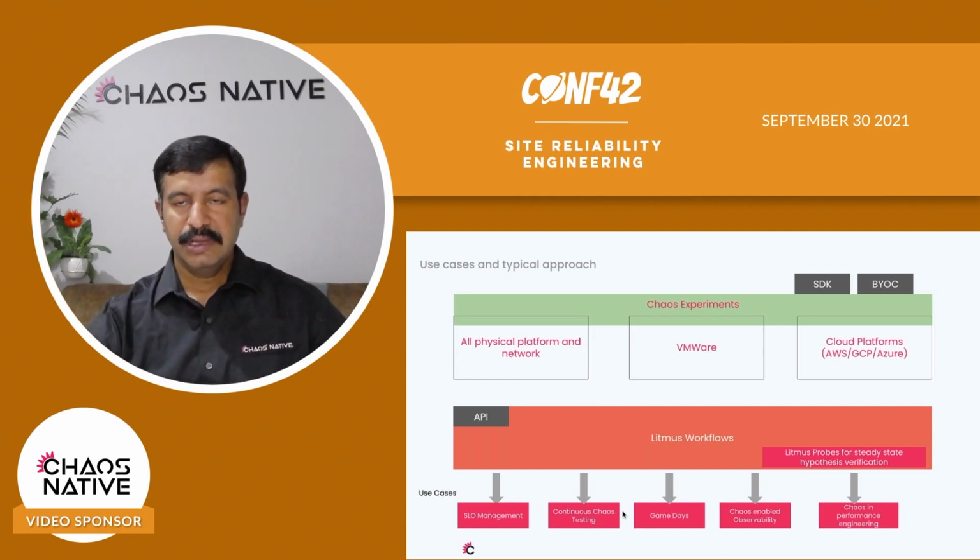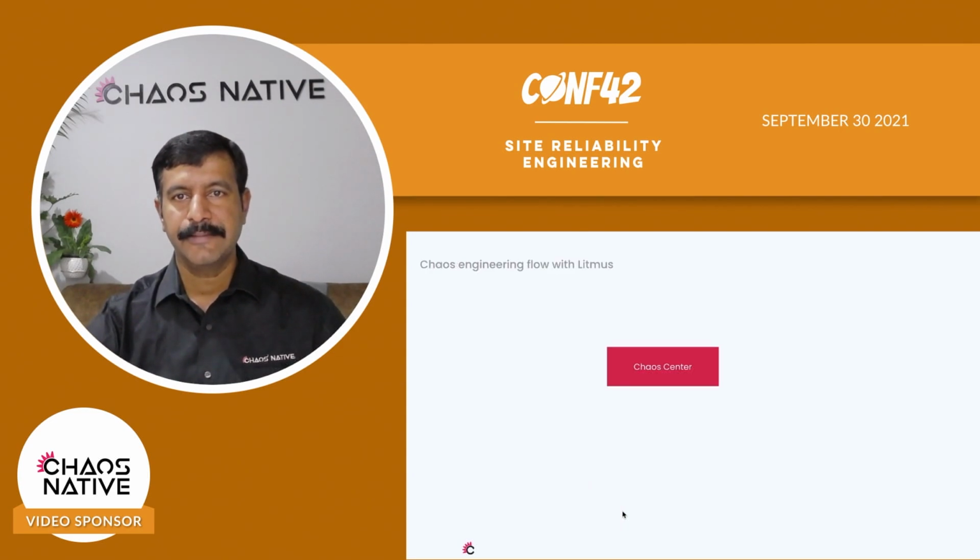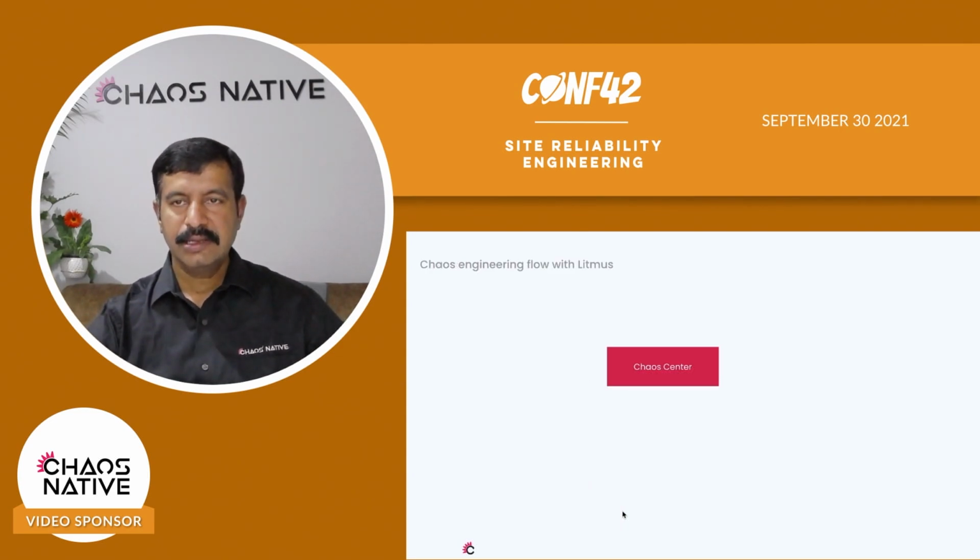And also, many of us will have scale testing or performance testing, so try to introduce chaos and see if things will be okay there or not. Right? So these are some of the use cases that you can use chaos engineering for. So let's look at how chaos engineering happens with Litmus. You have Chaos Center, as I said a little bit before.